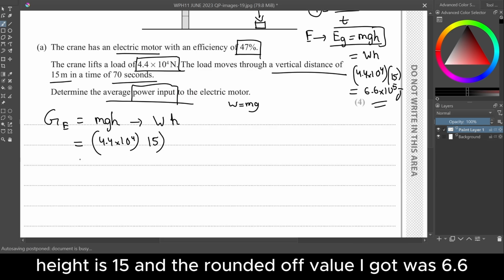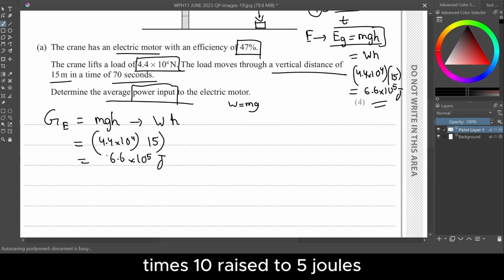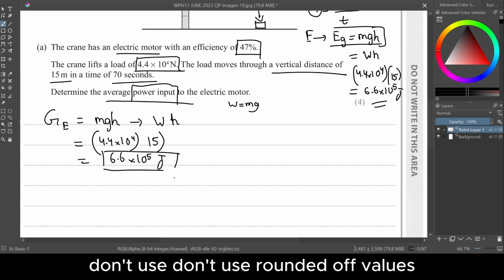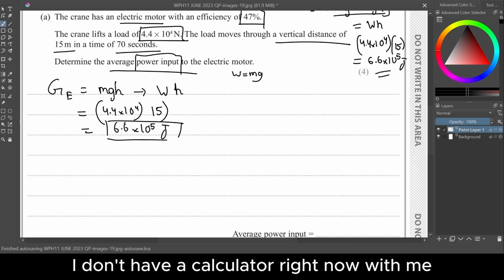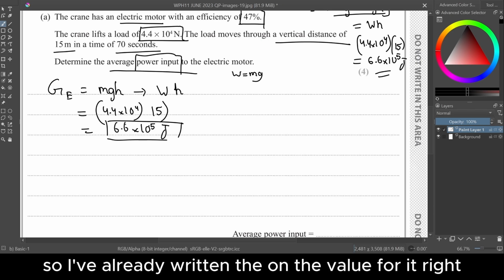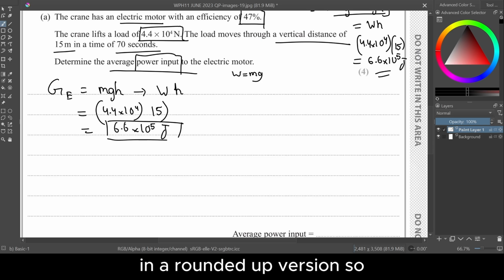Height is 15, and the rounded off value I got was 6.6 times 10 raised to 5 joules. Don't use rounded off values. Better to use the value you have been given. I don't have a calculator right now with me, so I've already written the value for it in a rounded off version.